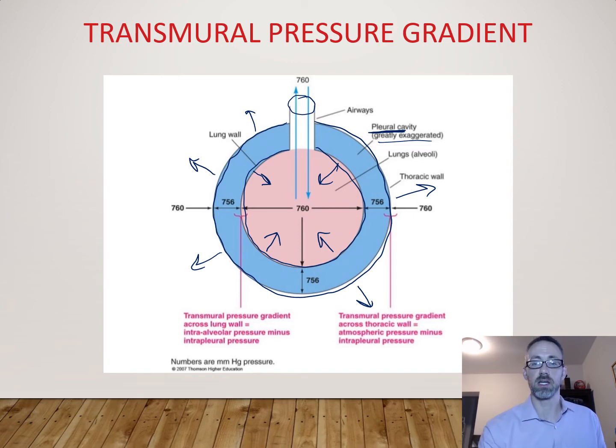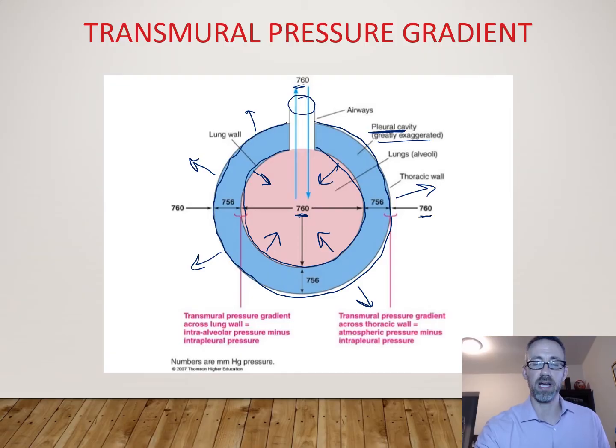And in this case, they're using the numbers I talked about in the previous slide. So 760 would be 760 millimeters of mercury, which is the atmospheric pressure at sea level. And inside the lung, it would also be 760 millimeters of mercury because it's open to the atmosphere. And so, of course, they would equilibrate if it were open to it.